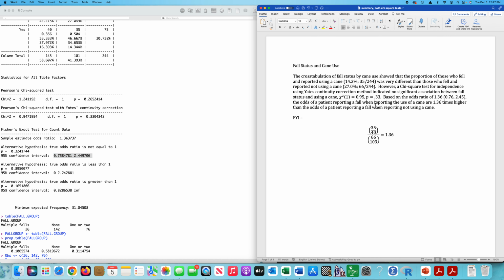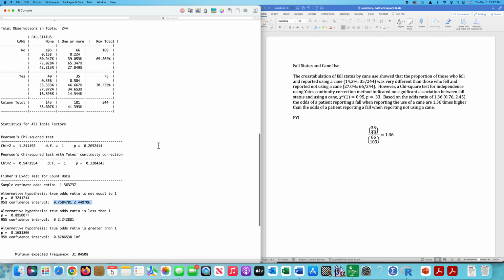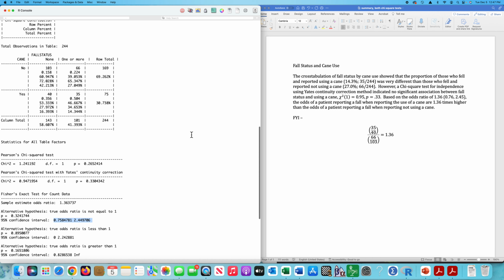And then I just interpret that the odds of a patient reporting a fall and reporting the use of a cane are 1.36 higher than the odds of a patient reporting a fall when reporting not using a cane. Now, just an FYI, you wouldn't put this in your write-up, but I'm still kind of teaching. This 1.36 comes from 35 over 40.